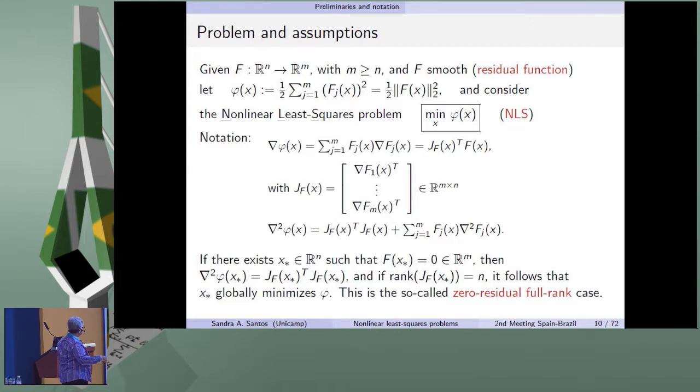Also, in case the Jacobian is full rank, then because of the second-order sufficient conditions, this x star is going to minimize globally the function that defines our unconstrained problem. So this is the easy problem, the zero residual and full rank case.